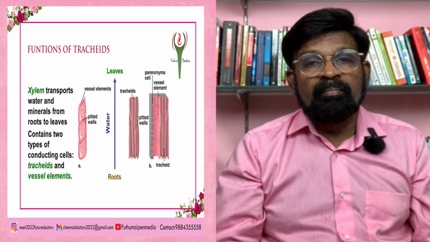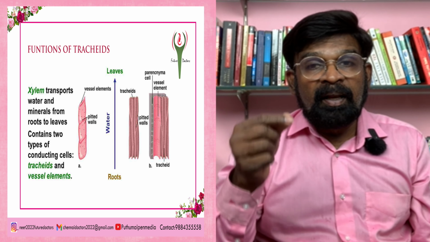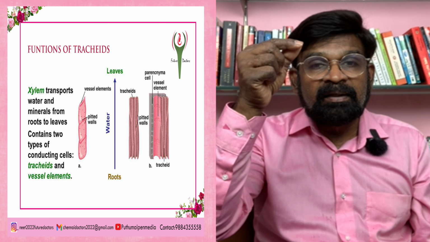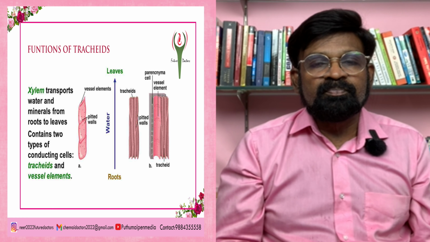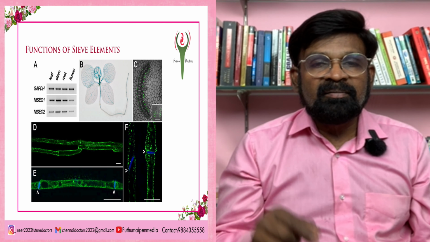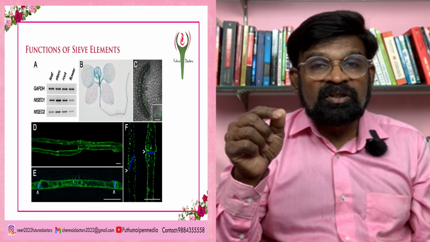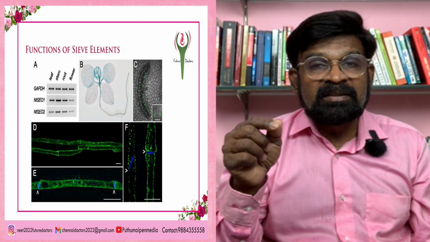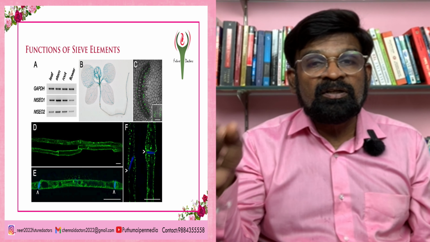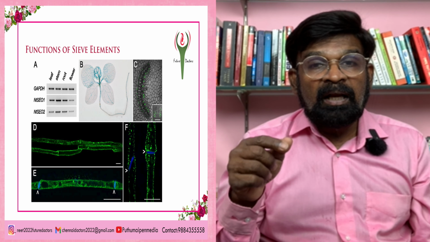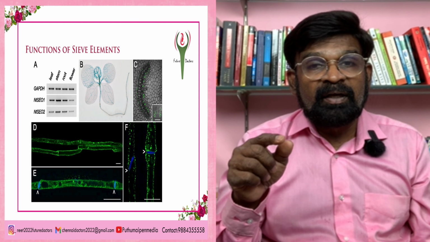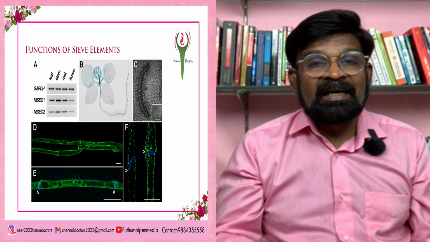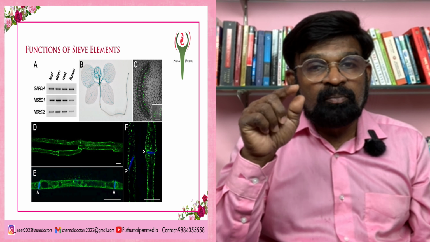Sieve tube members are placed one above the other, forming a tube called sieve tubes. Next slide. The main function of sieve elements is translocation of organic solutes. Callose reappears and sometimes closes the pores when the solute is less dilute, thus stopping the movement.